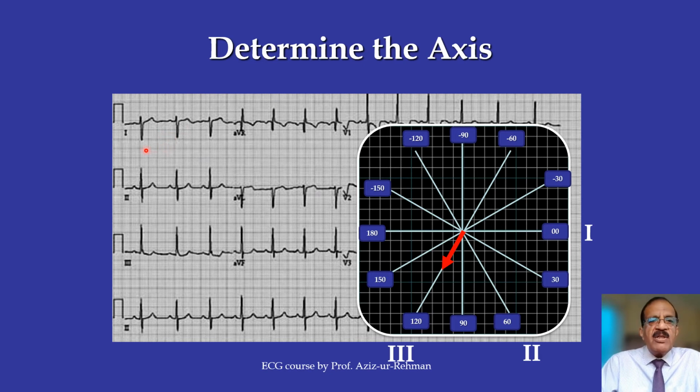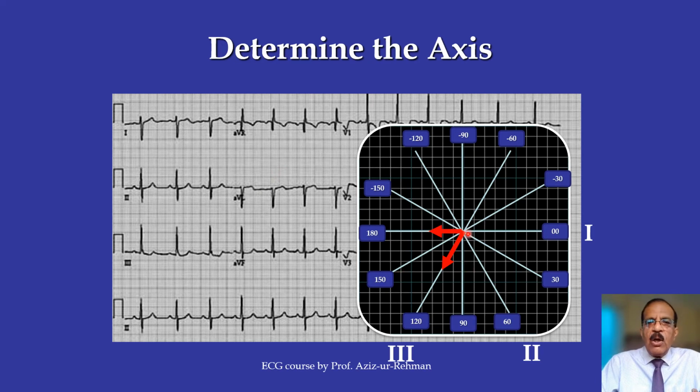In lead 1, see the complex. The complex is predominantly downward. There is a positive component also. So when we find the actual depth, we will have to subtract this part from this part, and we will draw an arrow toward the negative terminal of lead 1, which would be proportionate to the net algebraic sum of this QRS complex. So there would be an arrow drawn like this.